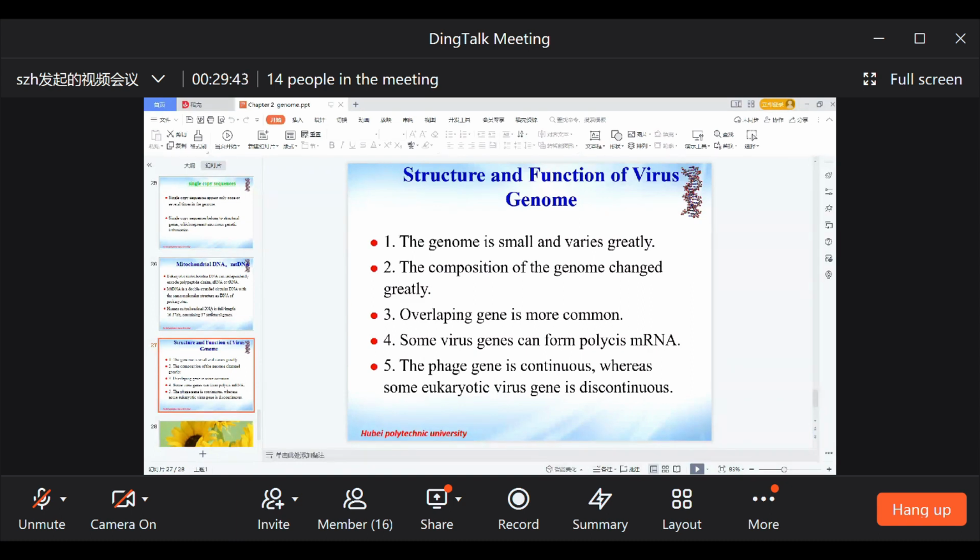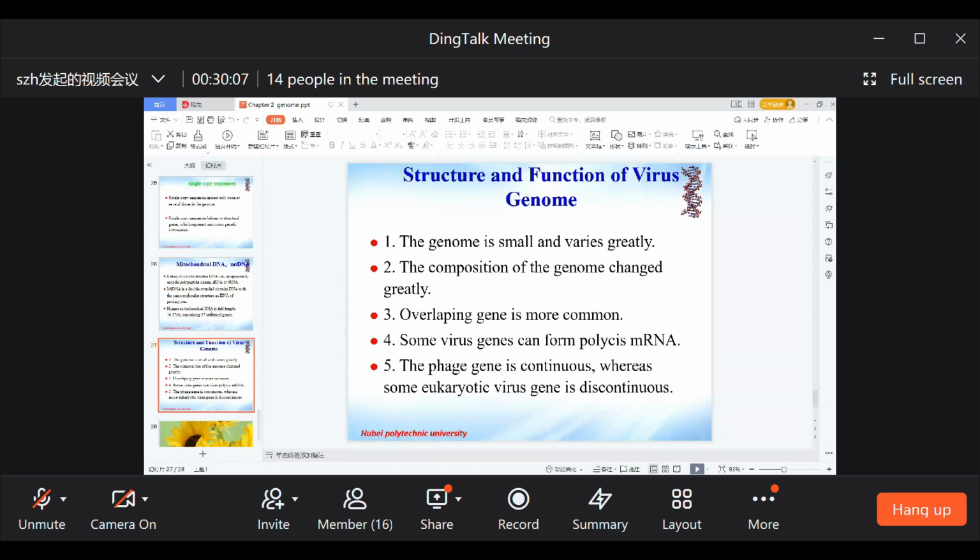Maybe the host is bacteria, the genome is smaller. And the composition changes greatly: maybe RNA, maybe DNA, maybe containing protein genes, and so on.